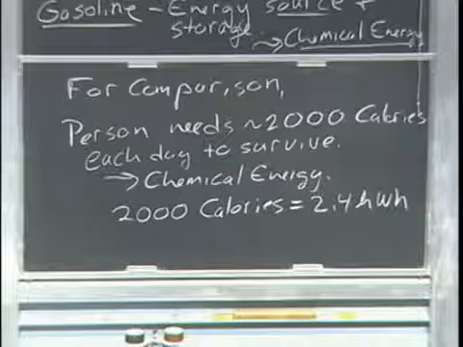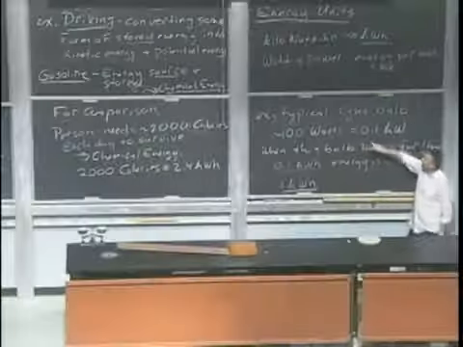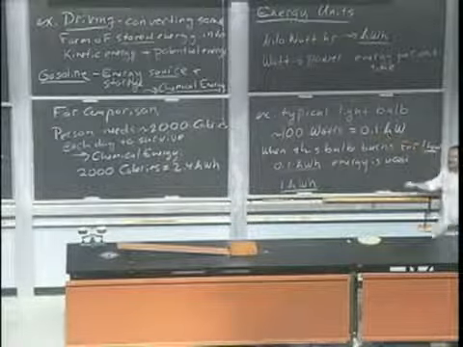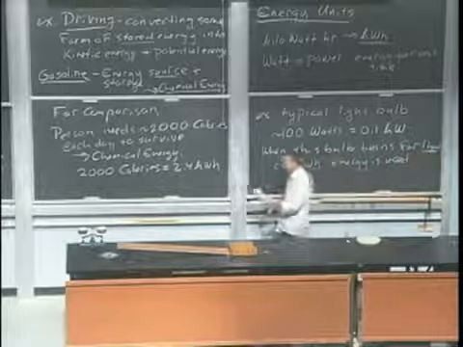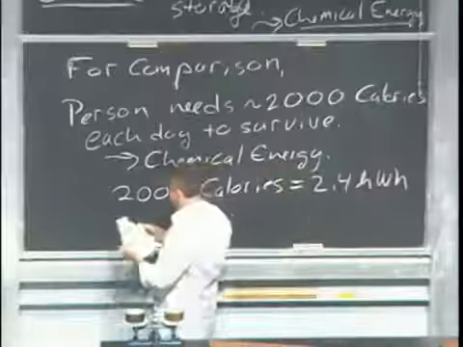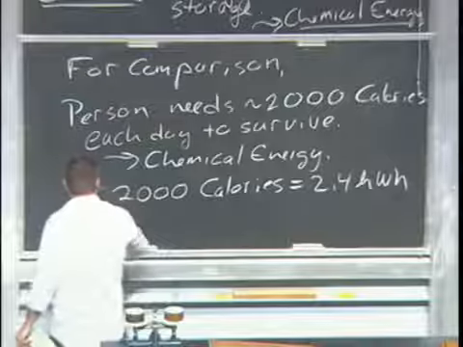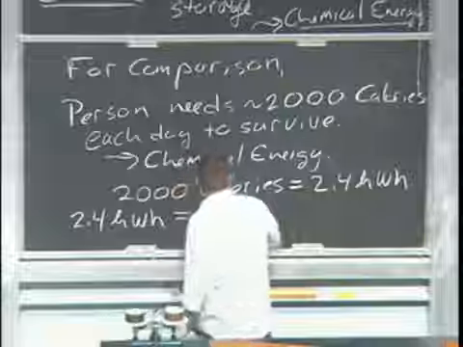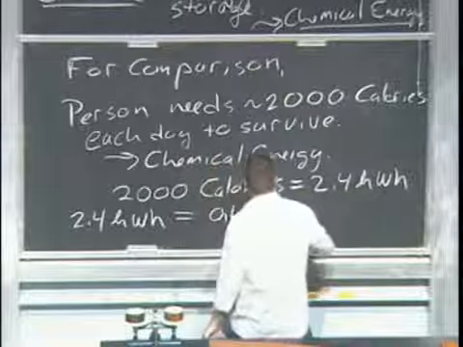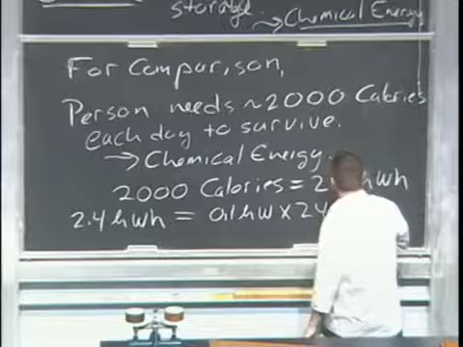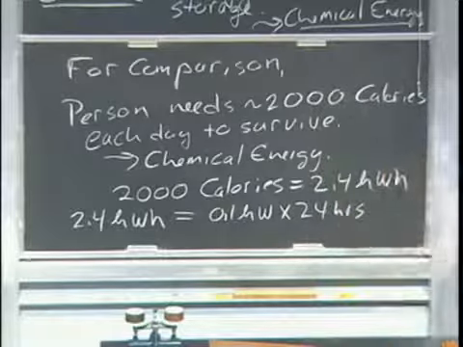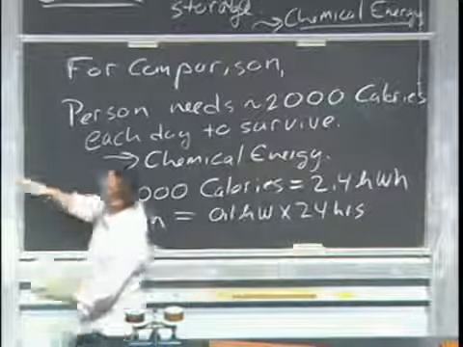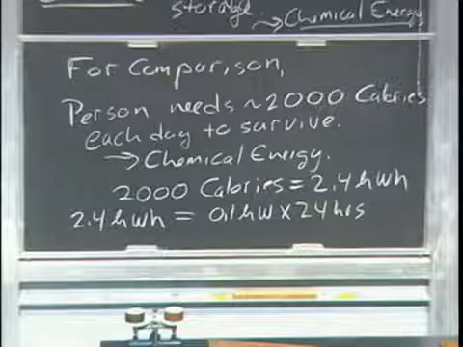Okay. Remember that a light bulb is about 0.1 kilowatts. Okay. So that means that 2.4 kilowatt hours, remember, is equal to 0.1 kilowatts times 24 hours, okay, 24 hours in a day, which means that you, my dear student, are a very bright light bulb.